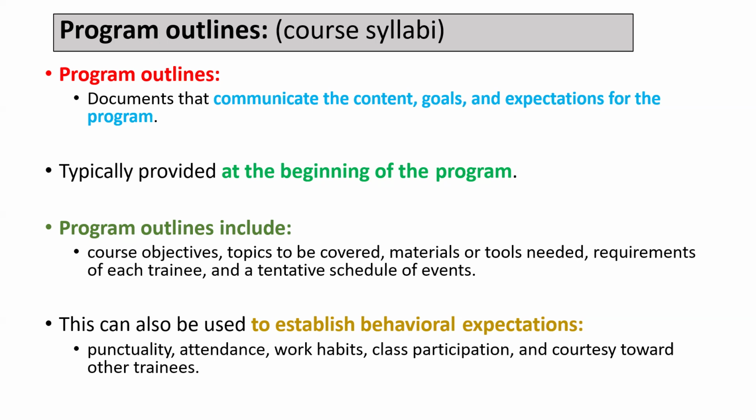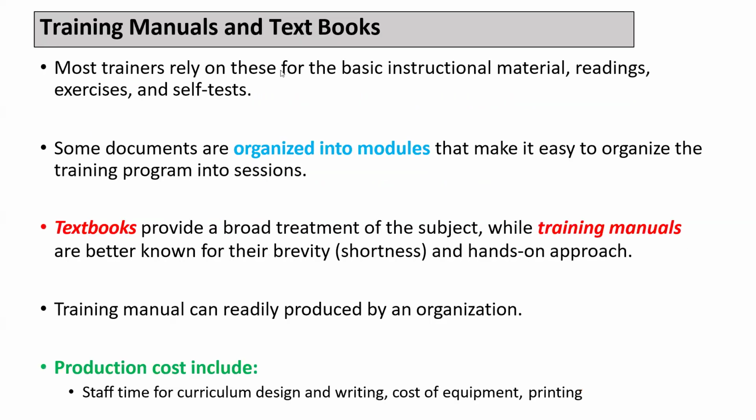Suppose you are undertaking a training program to train the A-level teachers about HRM, Human Resource Management, that is covered for the A-level students. What are the latest developments in HRM? In that case, the training program is already designed, and now you are at this stage, right? So what stage? In this stage, training manuals and textbooks.